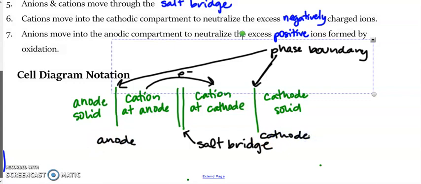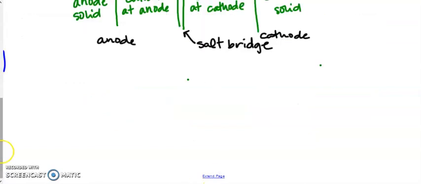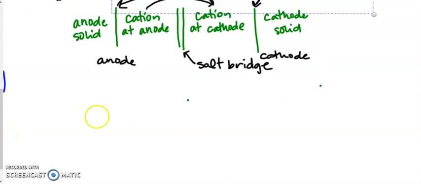All right, so let's draw our cell diagram notation for this particular voltaic cell. So we have, at our anode, our solid was zinc. So we've got zinc solid, and then we have zinc plus 2 is what's in our aqueous solution.